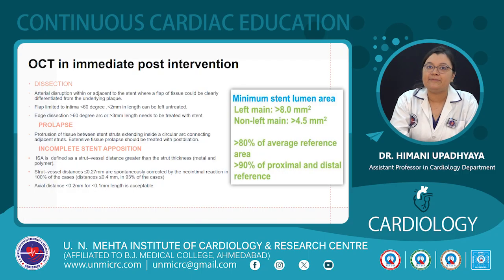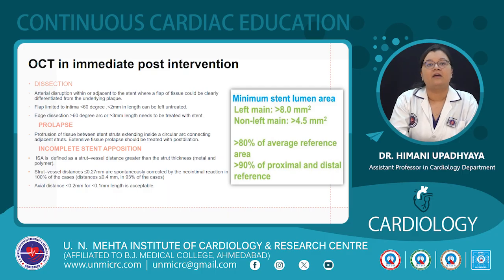So OCT in immediate post intervention, for minimum stent lumen area: left main more than 8 mm square and non-left main more than 4.5 mm square are acceptable. More than 80% of average reference area or more than 90% of proximal and distal reference area are acceptable MSA post PCI.